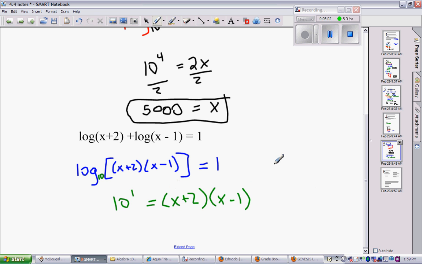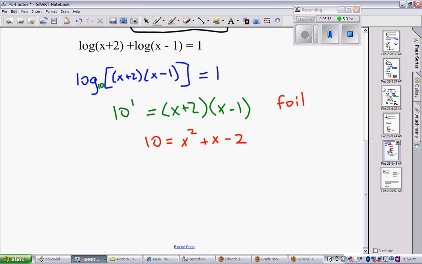So we need to FOIL. You get x squared plus x minus 2 equals 10. Whenever you have an x squared as your highest term, it's degree 2. You need to set it equal to 0 so that you can solve for x. x squared plus x minus 12.